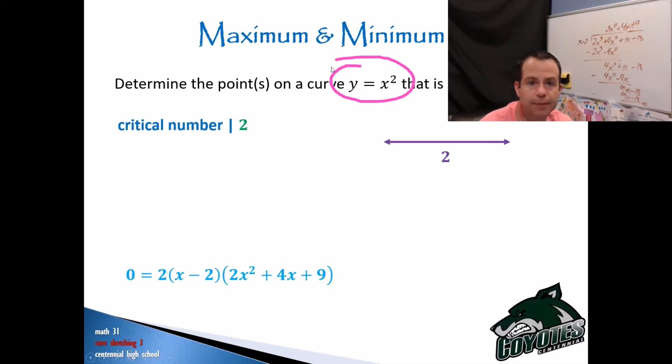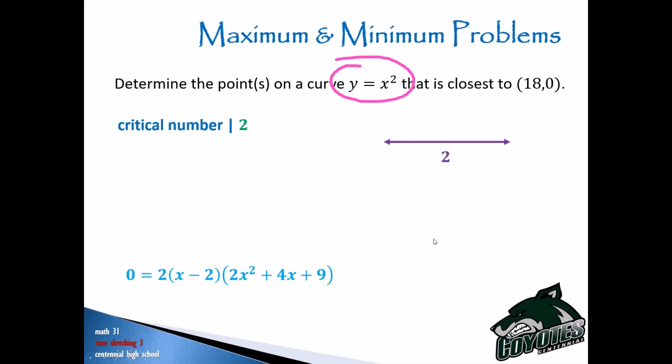I'm going to test it. I'm just going to hide myself here for a second. Test to the left and to the right. And I do get negative to positive. Okay, so I did want a minimum. So that makes sense that I get from negative to positive. So I'm decreasing from negative infinity to 2 and increasing from 2 to infinity.